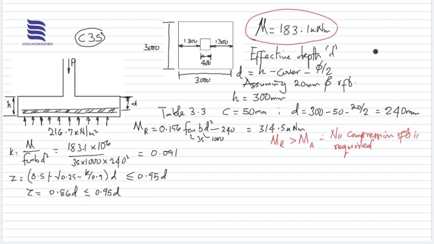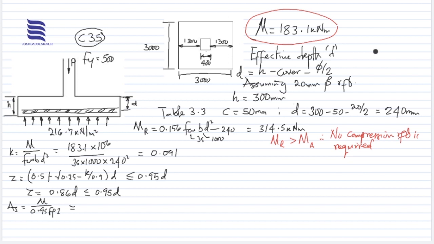So we can obtain the area of steel for this. The area of steel now will be M over 0.95 fy z, and the fy particular for this question is 500.